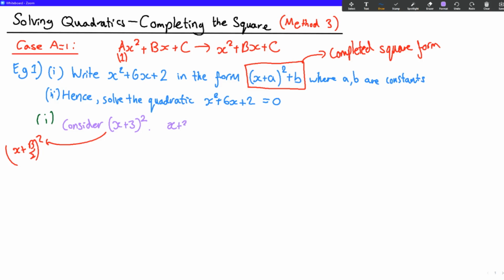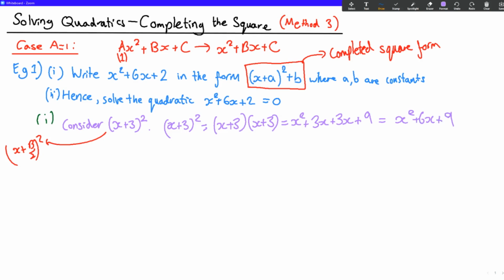Now let's figure out what this equals. So x plus 3 squared, well that's the same as saying x plus 3 multiplied by itself. And now we can expand this out. So we get x squared plus 3x plus 3x plus 9, and then we can simplify like so.